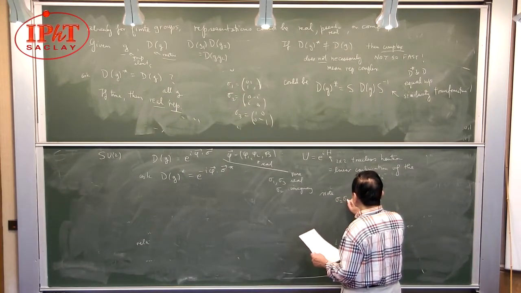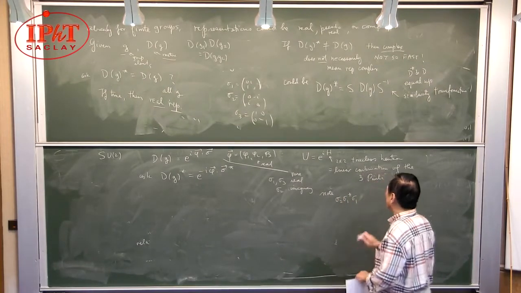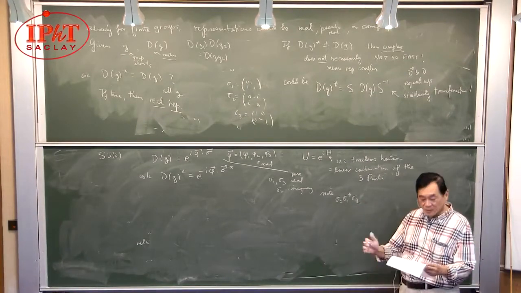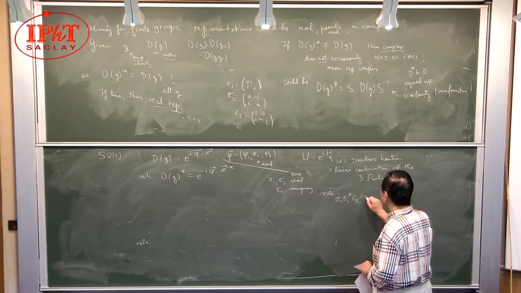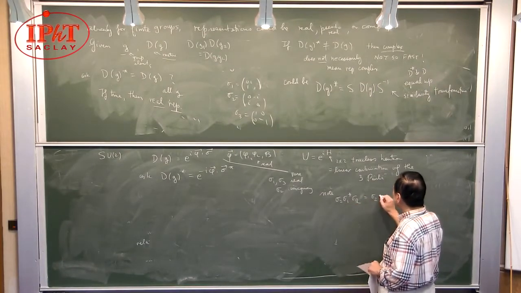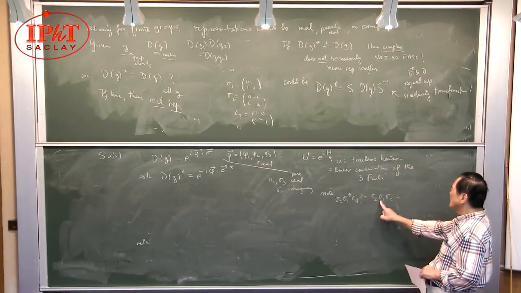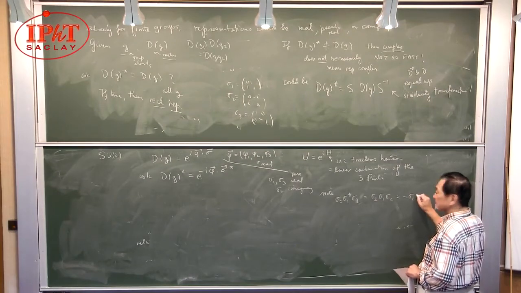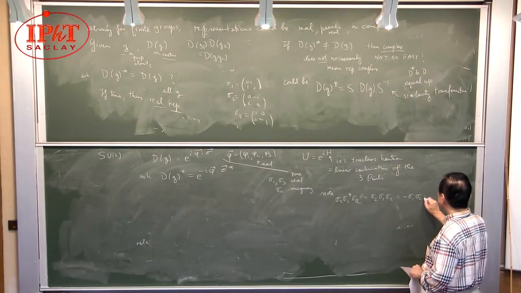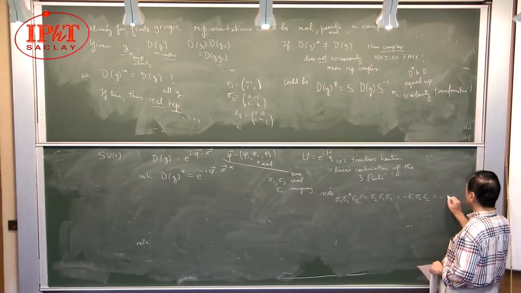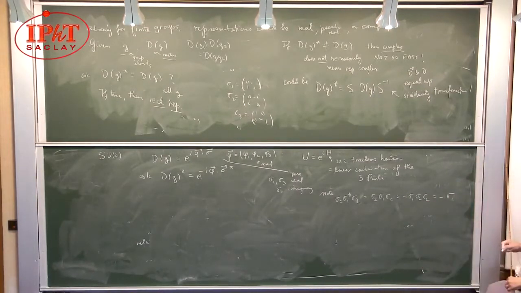Sigma 2, sigma 1 star, sigma 2. I will now do this by brute force, very slowly. Sigma 1 star, since sigma 1 is real, is just sigma 1. But sigma 2 and sigma 1 anti-commute. This is one of the properties I asked the students to check. So sigma 2 sigma 1 sigma 2 is minus sigma 1 sigma 2 sigma 2, which is equal to minus sigma 1.